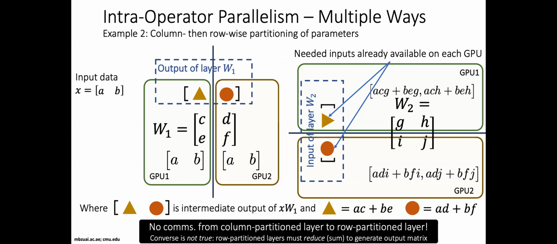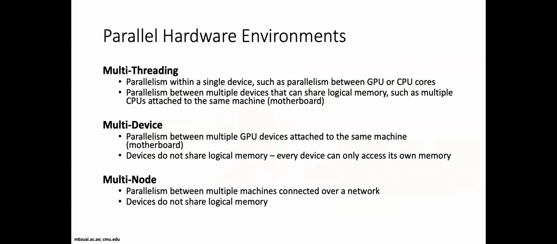Okay, so that's a little bit of a dive into why intra-operator parallelism is actually a fine art by itself, and why users need to think about such things. Okay, we're going to segue a little bit to give some background on parallel hardware environments, just so that we're all on the same page when talking about how these parallelisms are actually implemented on hardware.